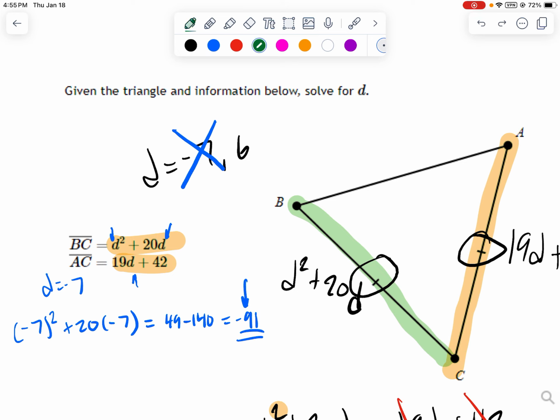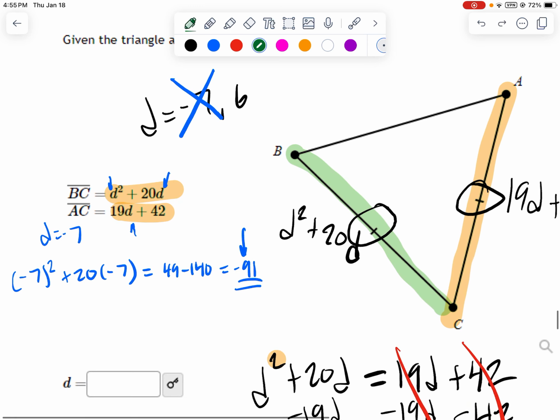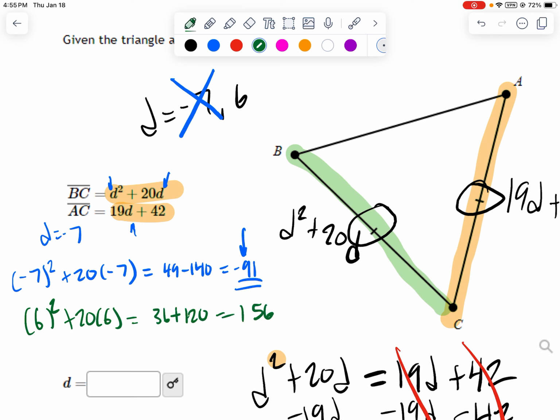Then do the same thing, check 6. See if 6 is an answer that'll work. If it does, great, that would be your actual answer for d. If it doesn't, then you have no solution. So let's check. We have 6 squared plus 20 times 6, which is 36 plus 120, which is 156. Positive number, that one works out.